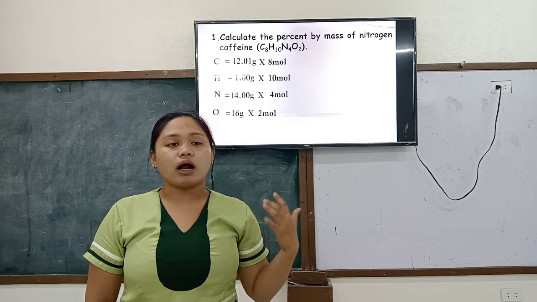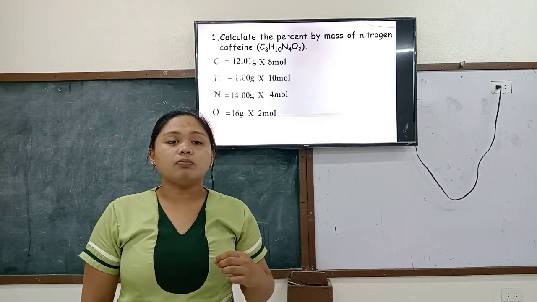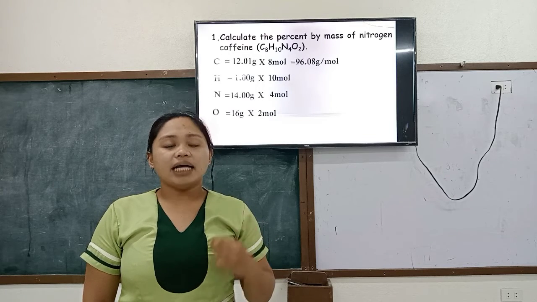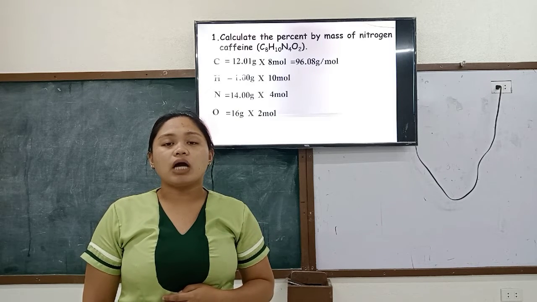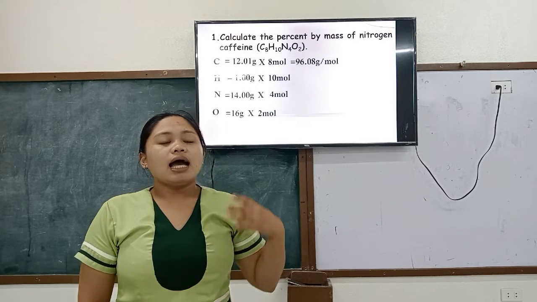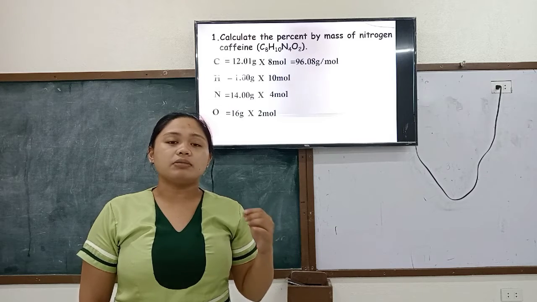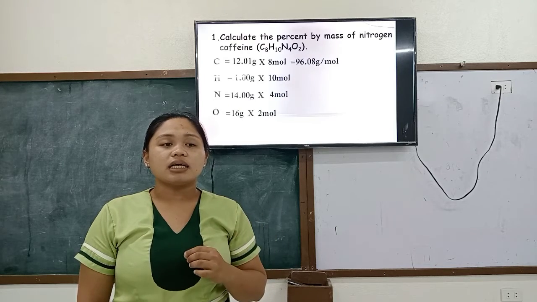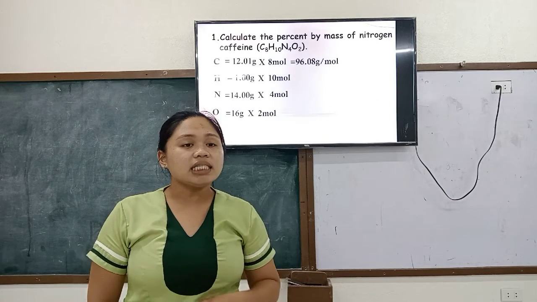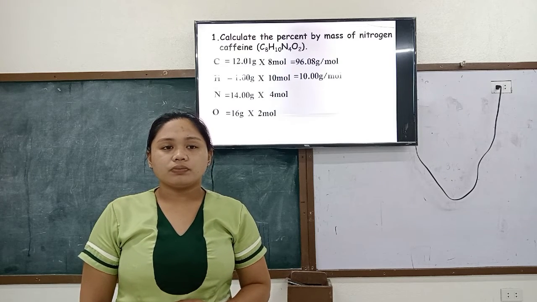So let's start with the carbon. 12.01 grams times 8 mole equals 96.08 grams over mole. And hydrogen equals 1.00 grams times 10 mole. The answer is very good, which is 10 grams over mole.